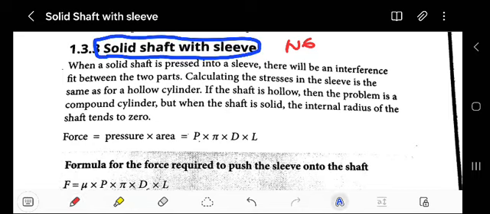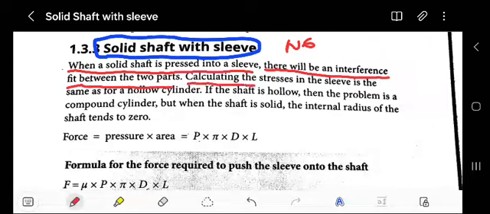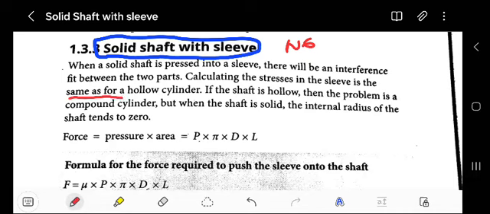If we read here, it says when a solid shaft is pressed into a sleeve, there will be an interference fit between the two parts. Then it says calculating the stresses in the sleeve is the same as for a hollow cylinder.